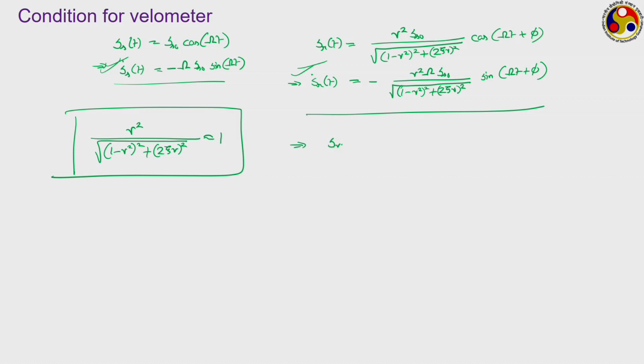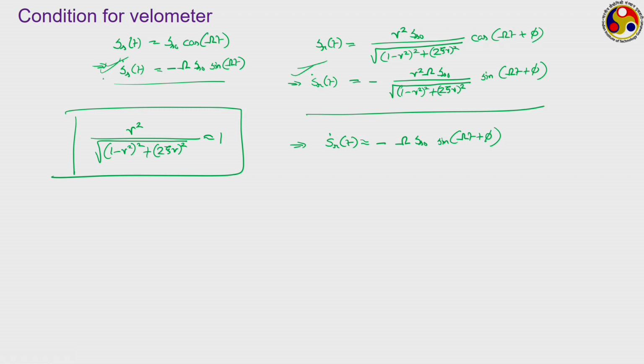So, we have S r dot is equal to, or I should say nearly equal to, because we are using this nearly equal to condition, minus omega into S S O into sin of omega t plus phi.